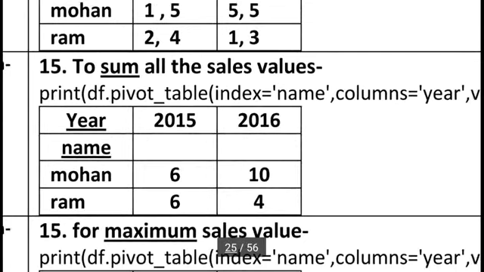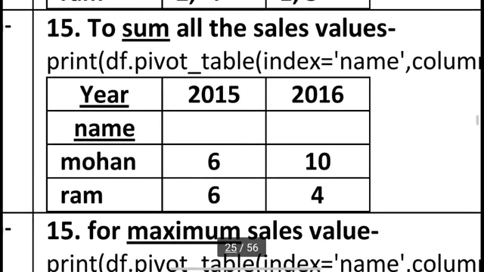Here you can see a very important analysis. In Mohan 2015 total sales is 6. In Mohan 2016 total sales is 10. Ram total sales in 2015 is 6, and Ram 2016 total sales is 4.